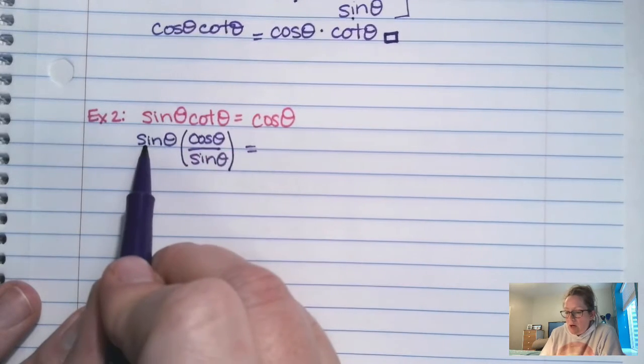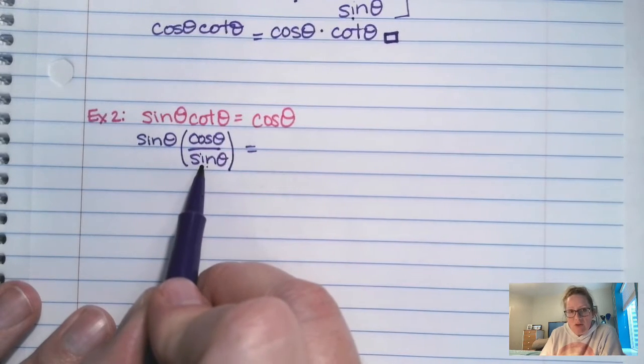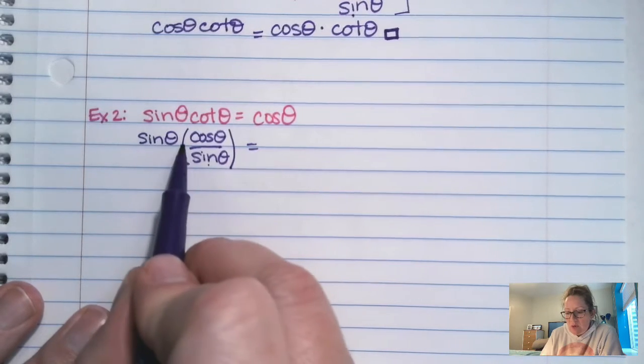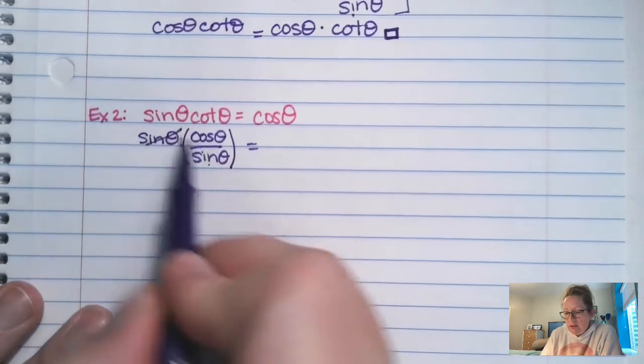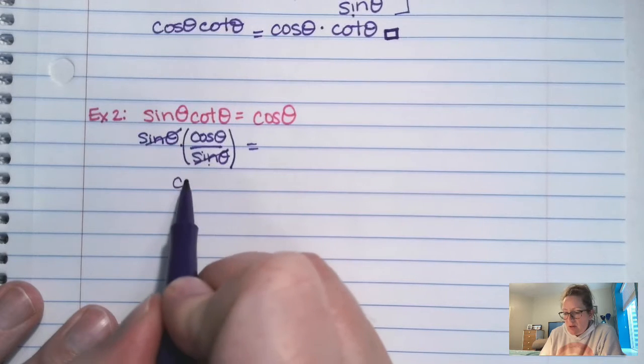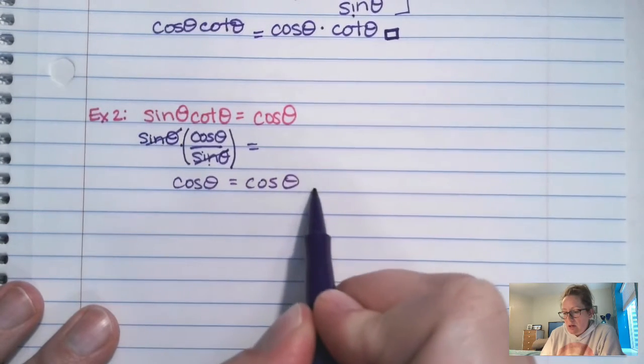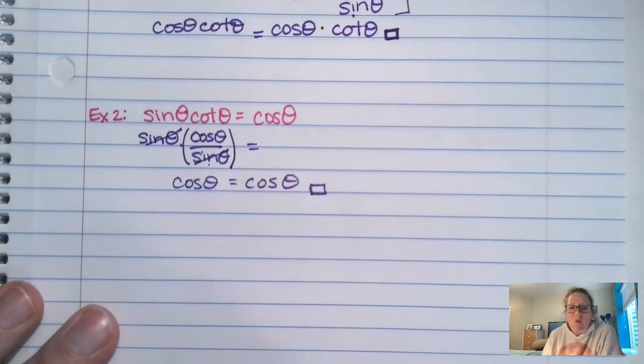Well, sine over sine, when you are multiplying, can't you cross cancel if one's on top and one's on bottom? Yeah, I can. So I'm left with cos theta equals cos theta. Bam. How nice was that one? Not bad, right?